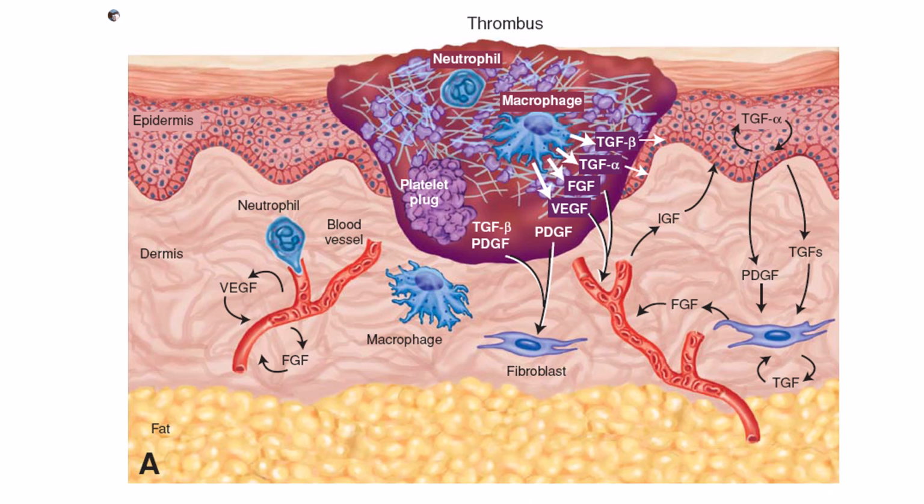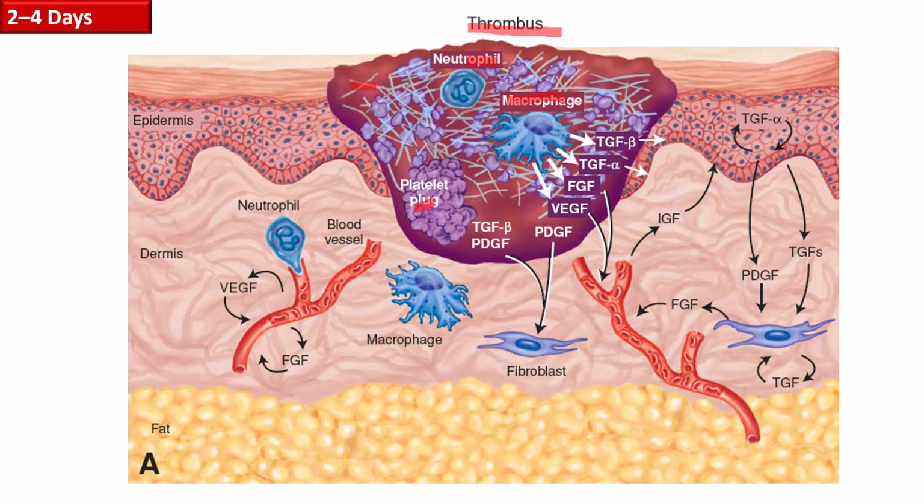This illustration is a detailed diagram of wound healing at the stage of inflammation that is transitioning into tissue repair. Specifically, this is highlighting the role of the thrombus and growth factor signaling. The thrombus that is present over here in the middle is composed of fibrin meshwork, platelet plug, neutrophils, and macrophages.